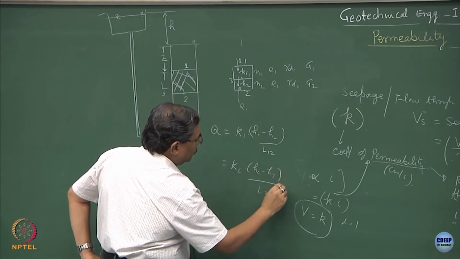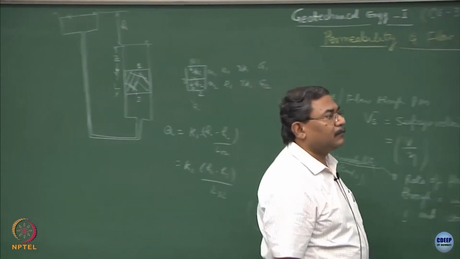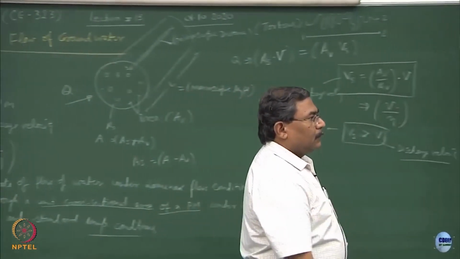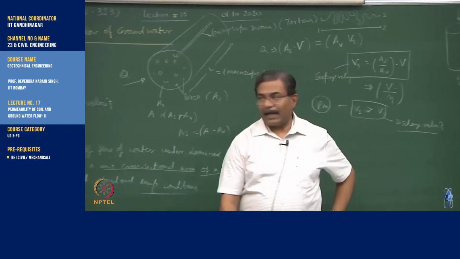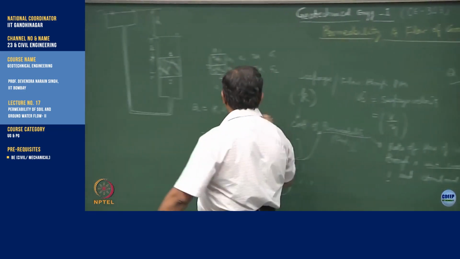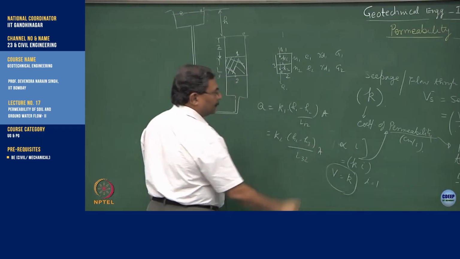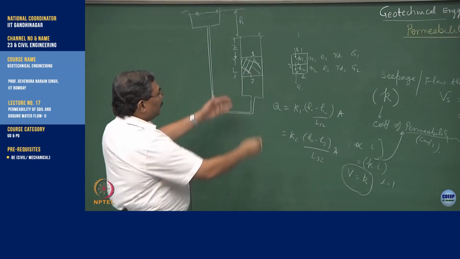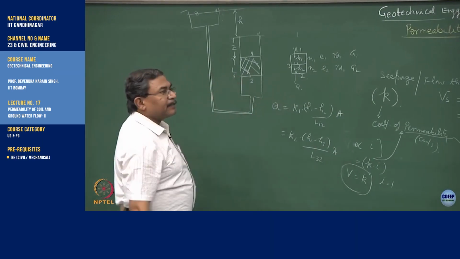And the area of cross section you multiply. Fortunately, the area of cross section remains the same, so that does not come into the picture.